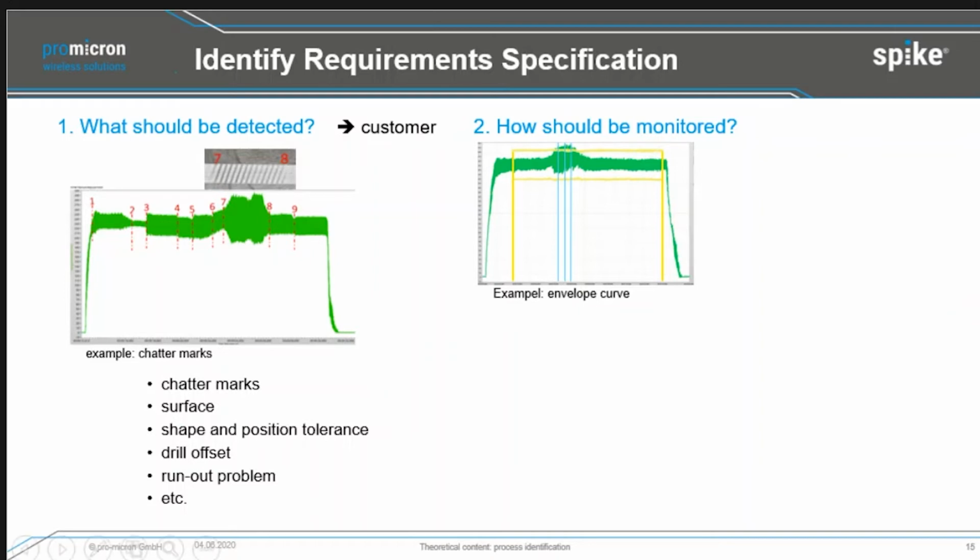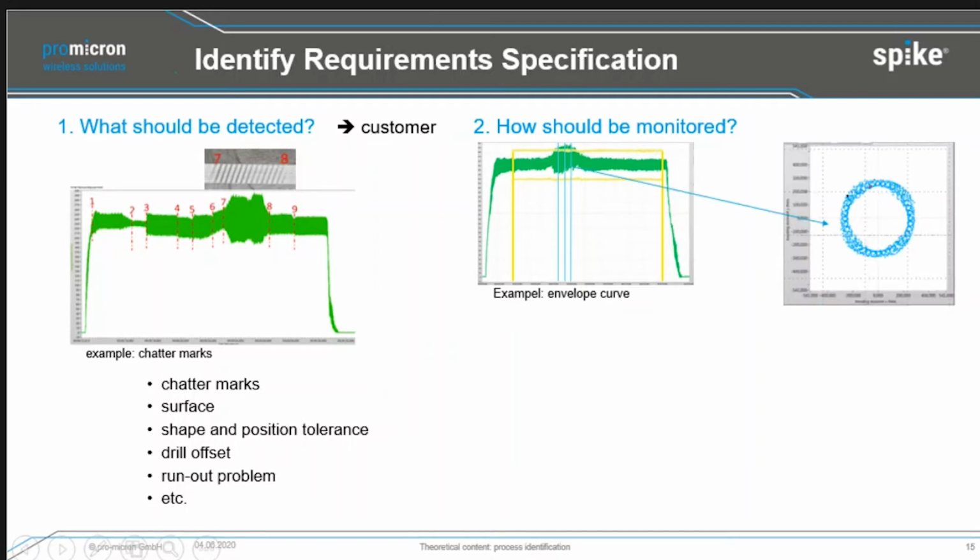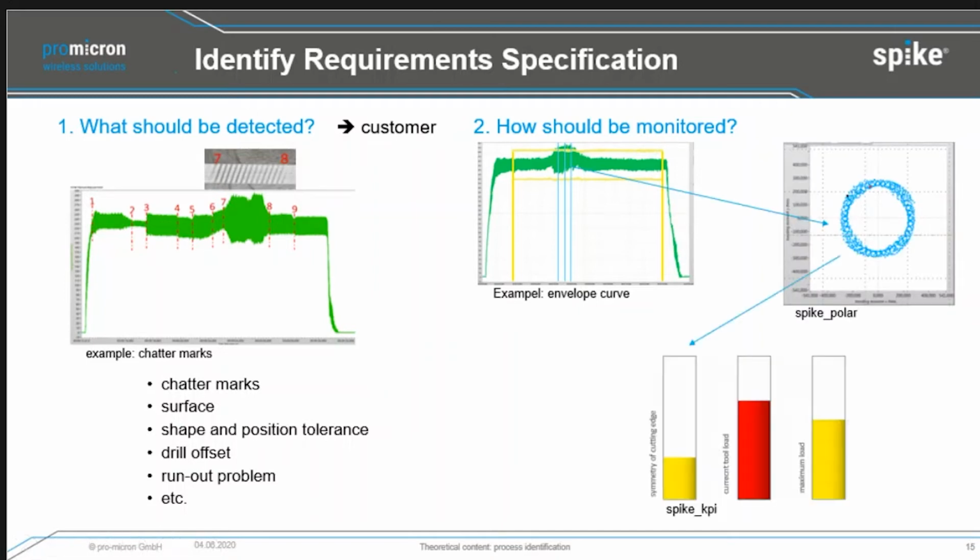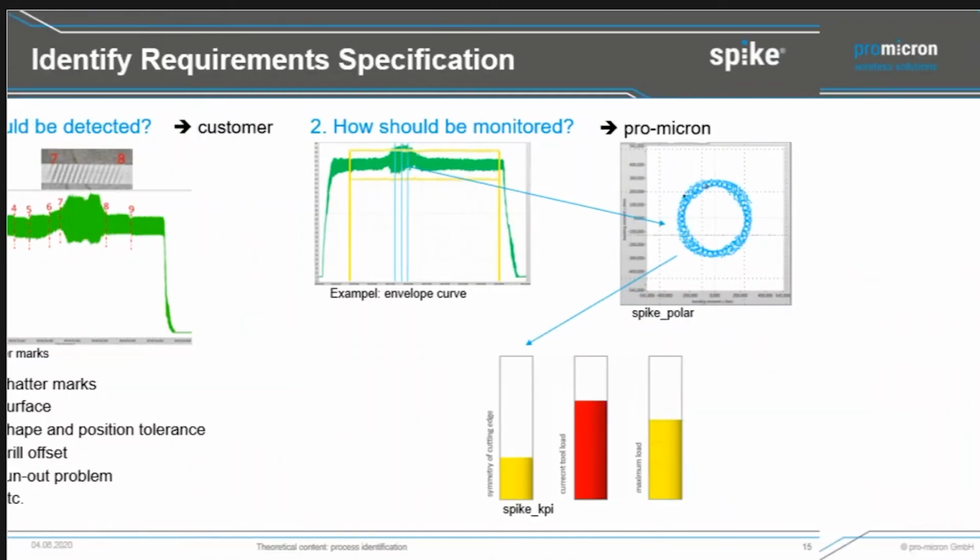Is a single envelope curve enough, or do we need to implement the Spike Polar as well? Or do we even need Spike KPIs just to cover your demand perfectly? This will be done by us, but in strong cooperation with you, so that we can perfectly fit our solution to your demands.